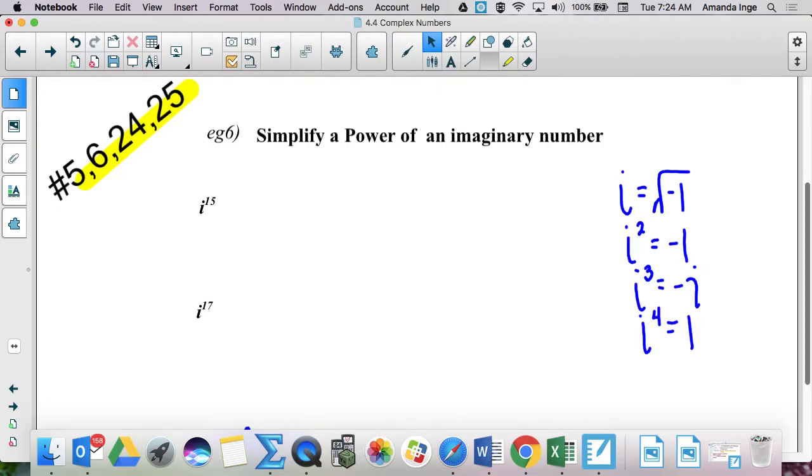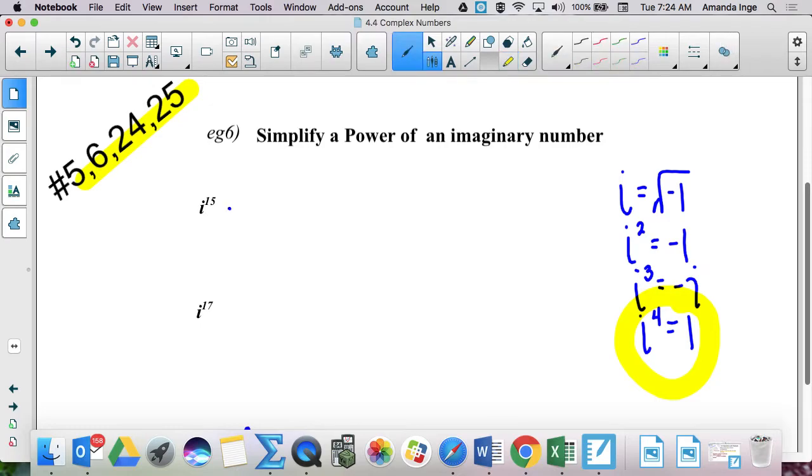I do this a little bit differently than in the textbook because I use the fact that i to the fourth is equal to 1. So if you rewrote this, this would be i to the fourth times i to the fourth times i to the fourth times i to the third, because if you added up all the exponents, you would get 15.